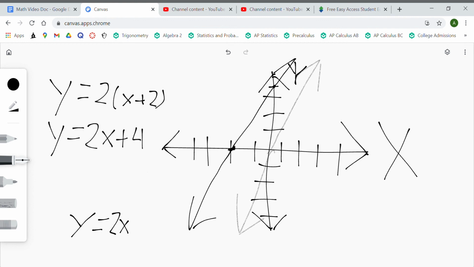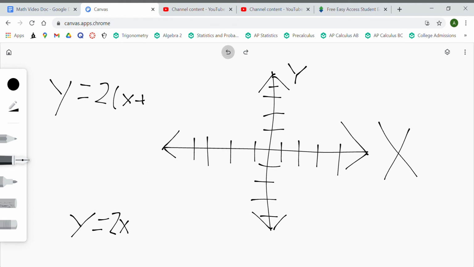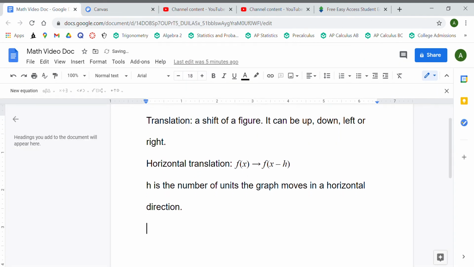But guess what? Horizontal translations are still not the easiest. I just mistakenly did horizontal translations first.